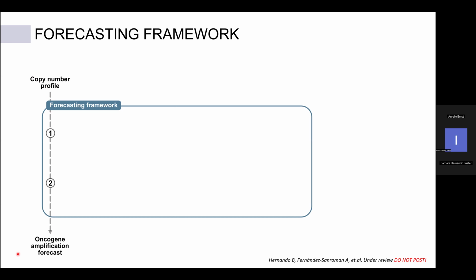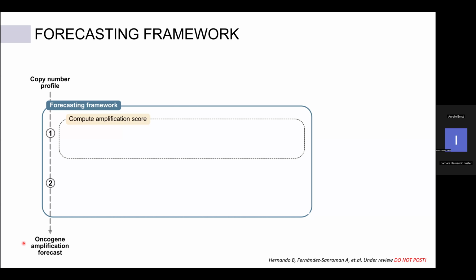The patient is classified as high risk or low risk of acquiring an oncogene amplification. This framework has two steps. The first step is computing an amplification score, which gives us the risk of acquiring the amplification that we are interested in. For that, we integrated this classical evolutionary theory. So the first thing is to compute the signature activities in a tumor.